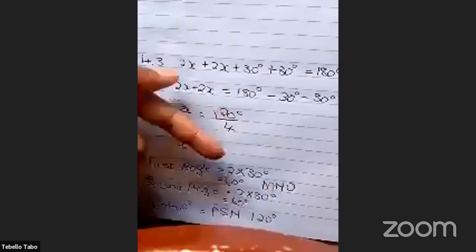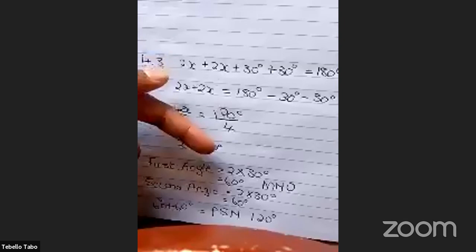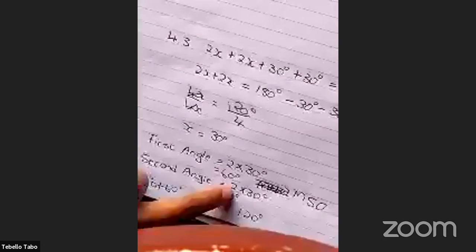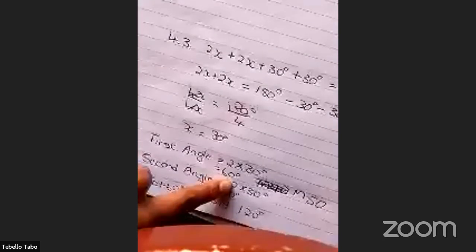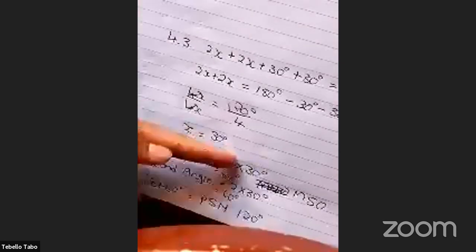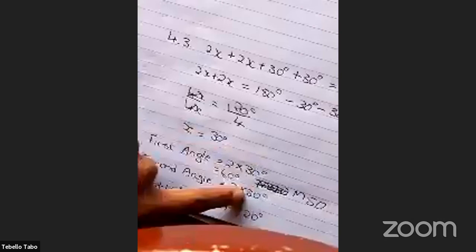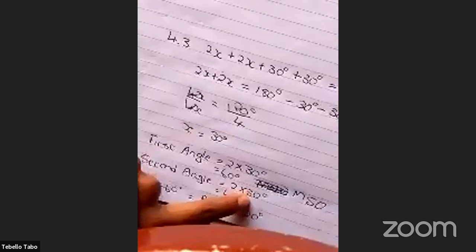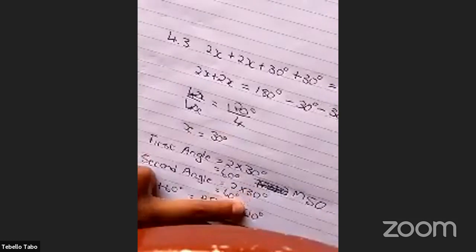MSO angle, not M and O. So our second angle will be 2 multiplied by 30, because they had the same values. It's 2x and another 2x. So the second one will be 2 multiplied by 30 degrees, which is our x. Where do we get our x? We did calculate it here, and it gives us 30 degrees. That's why we are multiplying it by 30 degrees, and it will be 60 degrees.